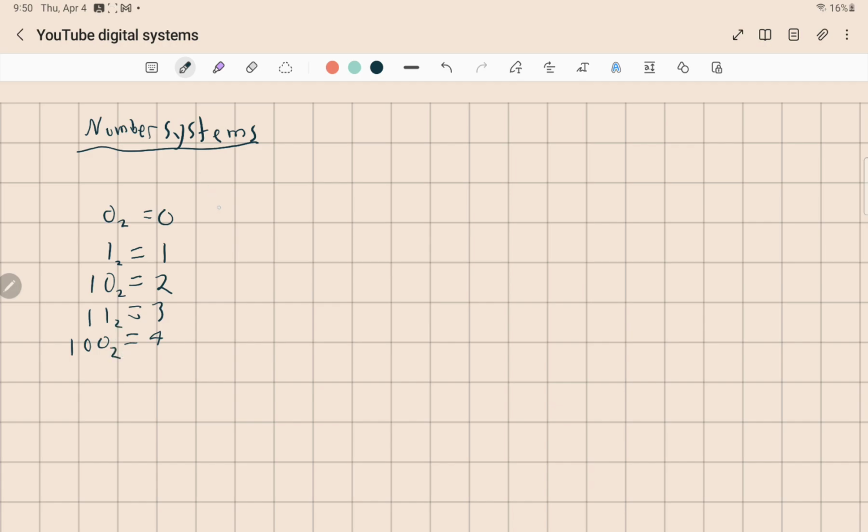So now you can also do base 3. 0 in base 3 equals, I'll mark these as 10 because these are base 10.